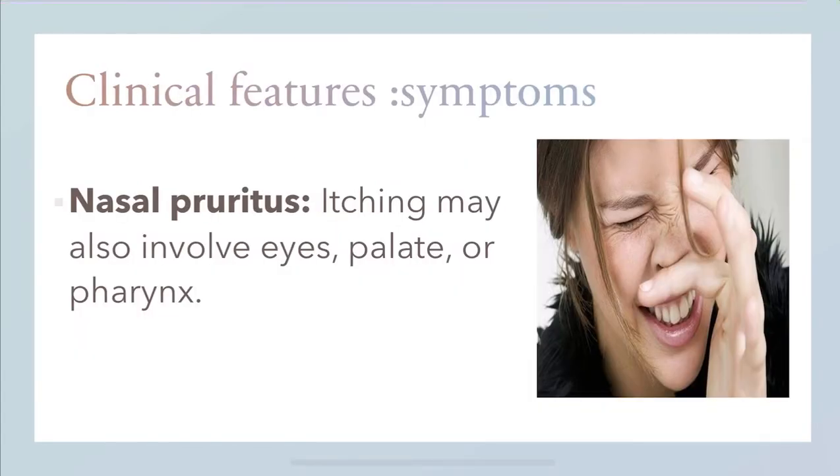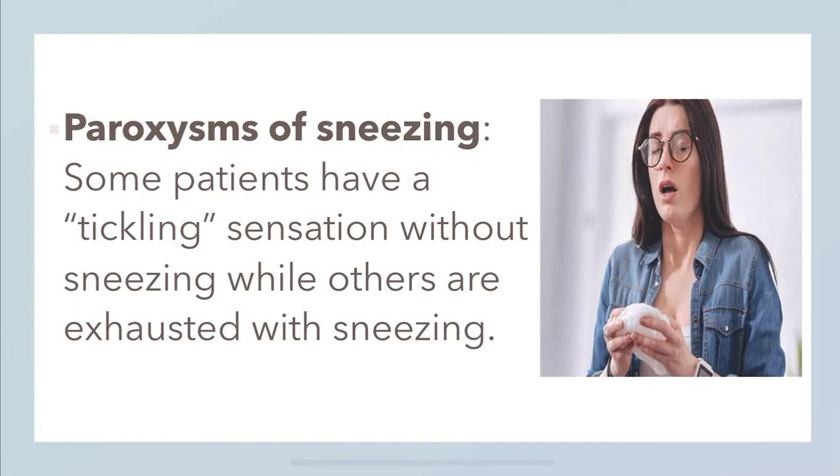Now let us move on to the clinical symptoms of allergic rhinitis. Patient presents with these symptoms: nasal pruritus. Pruritus is itching. It may involve also the eyes, palate or pharynx. Nasal pruritus, and also there could be an itchy eye, itchy palate and pharynx. Paroxysms of sneezing.